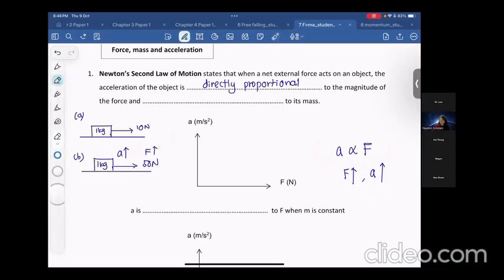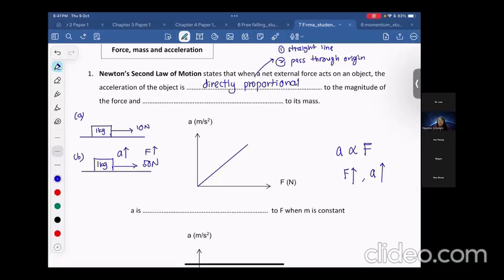Directly proportional is actually a straight line passing through the origin. So we draw it out. Directly proportional has two features. One is a straight line. Another one is that it passes through the origin.